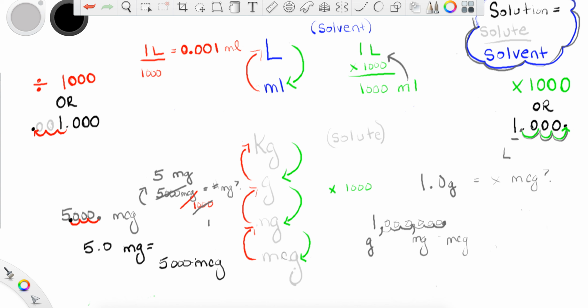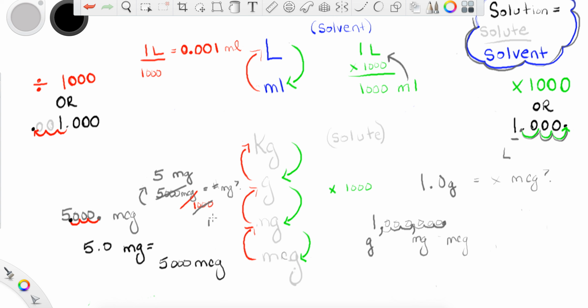Okay? And as long as you keep that clear in your head, that taking a large unit of measure and moving it to a smaller one, you're going to multiply. So you take a large unit of measure and move it to a small unit of measure, you multiply, and to take a small unit of measure to arrive at a large unit of measure, you're going to divide.